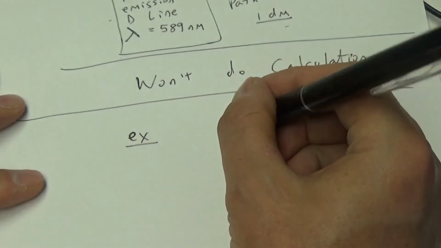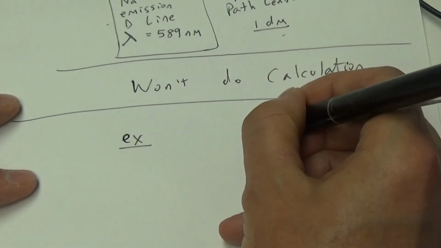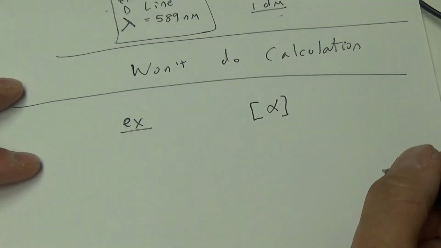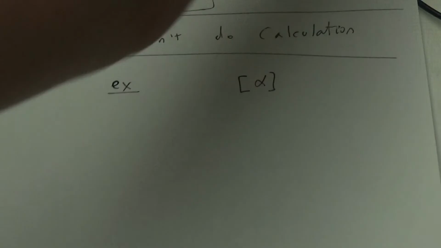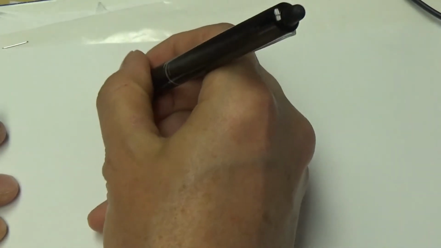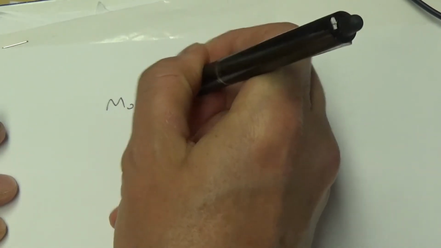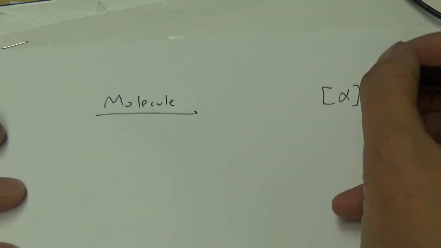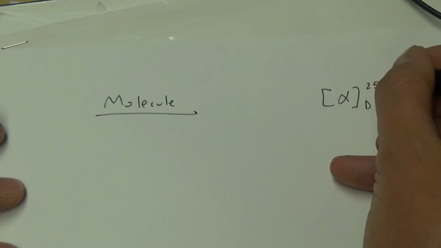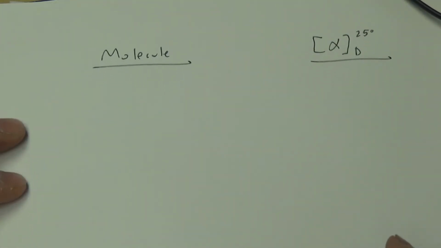So, example molecules. I'm going to do a fresh sheet. Okay, so molecule, and alpha D 25.